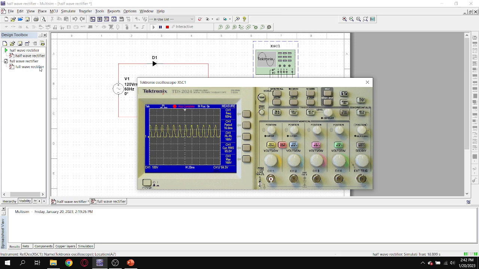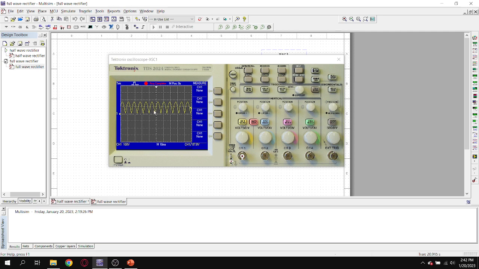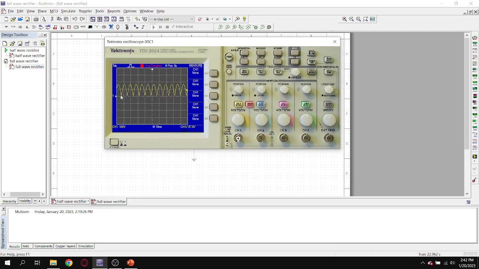But in this full wave rectifier circuit, we don't see that zero for that much time. We see here that the voltage peaks and turns to zero and immediately peaks back again.